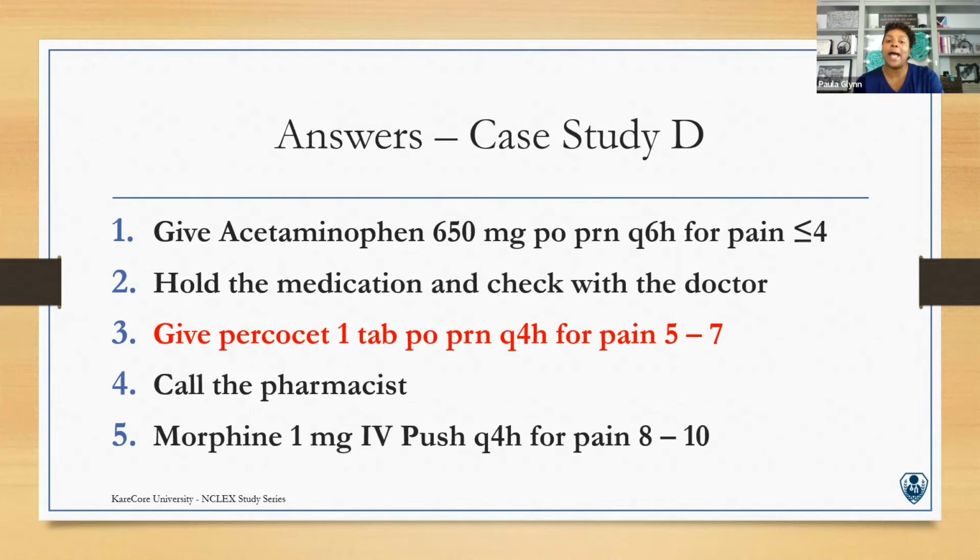So now we're 2 hours into it. Now, this person has said they are still having excruciating pain, or they're still having pain that's unrelieved, and they say it's still maybe a 5 or maybe even higher. This is where you're not going to call the pharmacist, but you're going to want to have a conversation with the physician, because your goal is to keep the client safe and give them effective care.